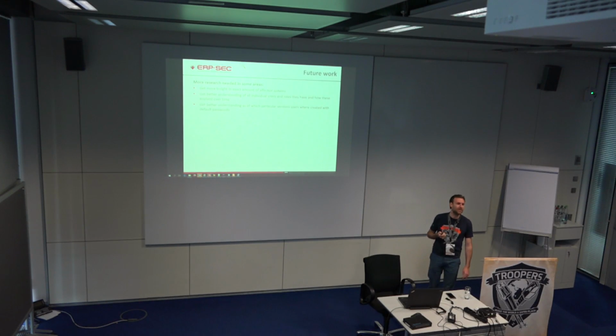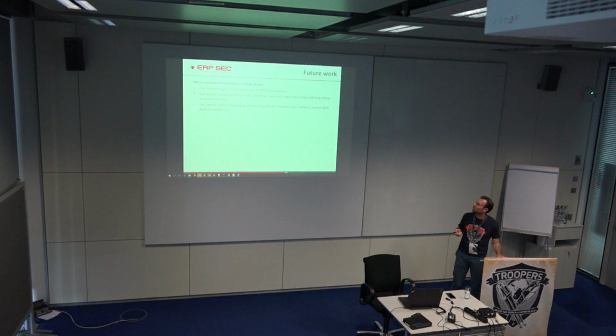So some more research is needed. We found these users in some systems, but I don't have a clue about the precise numbers of affected systems. I think there's a lot, but I don't have any hard numbers on that. What's also interesting to further research is to better understand, for example, in which specific version this was introduced.